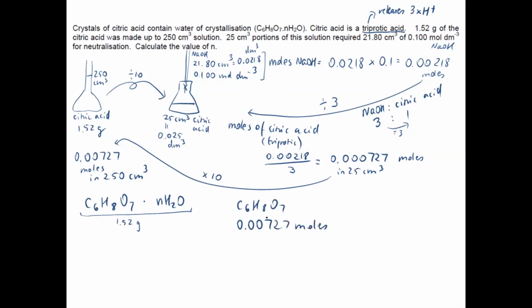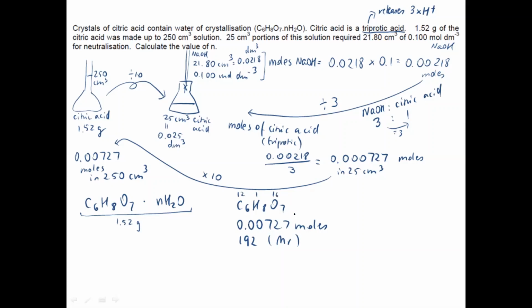What is the Mr of just C6H8O7? If I calculate it quickly, 6 times 12 plus 8 times 1 plus 7 times 16 gives 192. So this was 12, this was 1, this was 16.